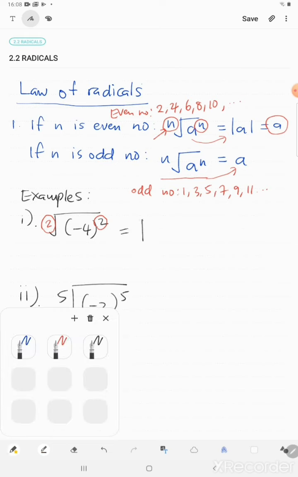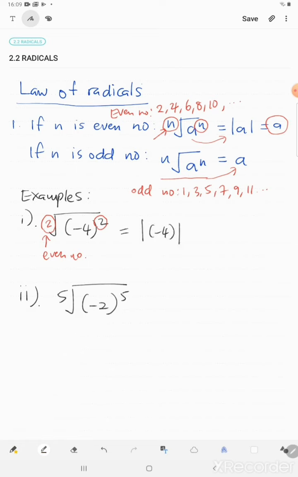This is an even number, so you have to use the absolute value of negative 4. With the absolute value, from a negative value you get a positive value, so the answer is 4.